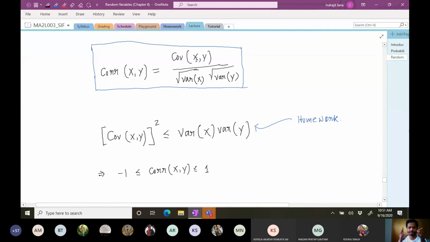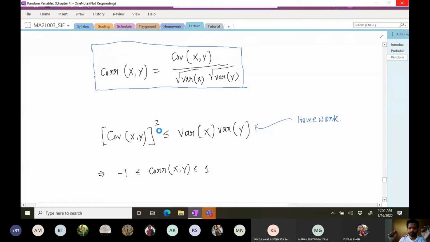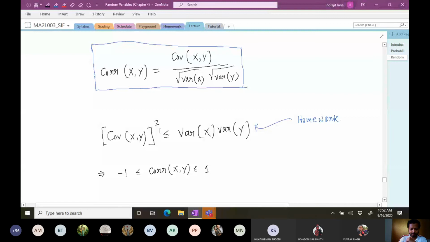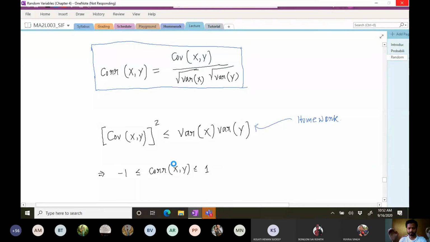Correlation coefficient also denotes the linear dependence between X and Y. And there is a homework problem for you, which says that covariance of XY whole square is less than or equal to variance X times variance Y, and that would imply that covariance of XY is bigger than or equal to negative of square root of variance X times square root of variance Y, and less than or equal to square root of variance X times square root of variance Y. Essentially, what it would mean is that the correlation coefficient is always between -1 and 1.